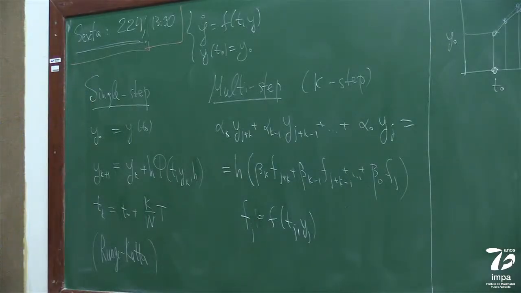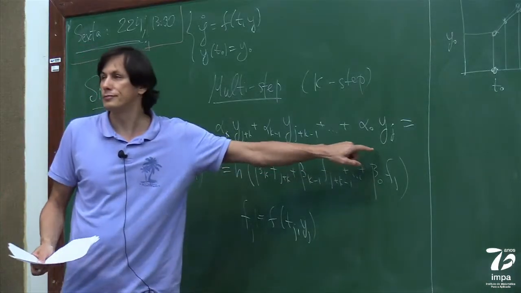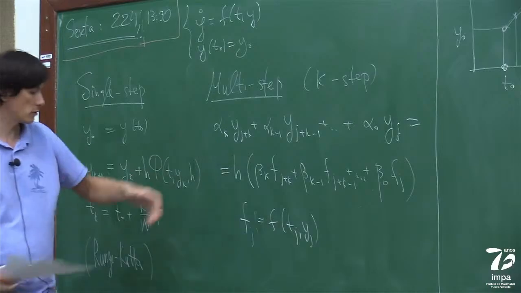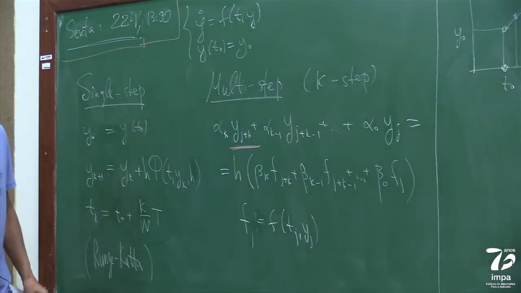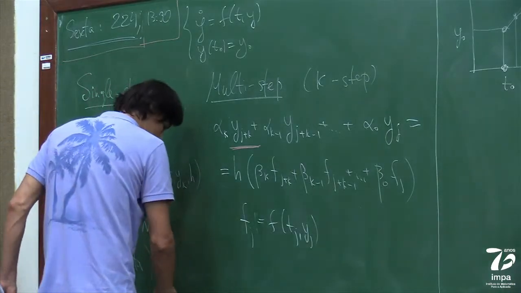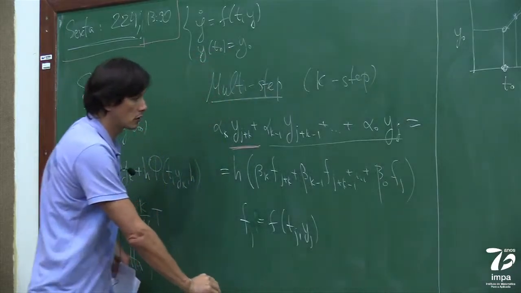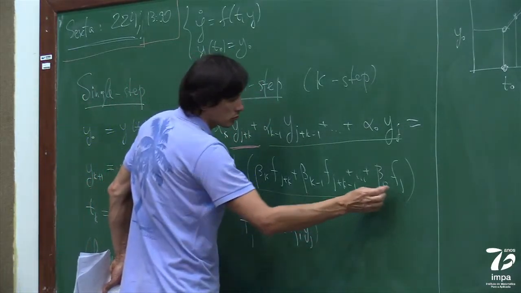So you see, you use k plus 1 points. So you use k previous points in order to compute the new one. So this is a new position that you want to compute, and the others is what you already have. Right? So this is all you have, and in principle, the new position.